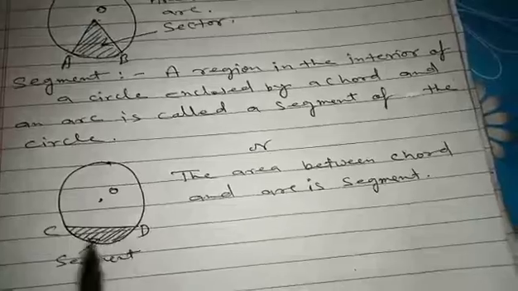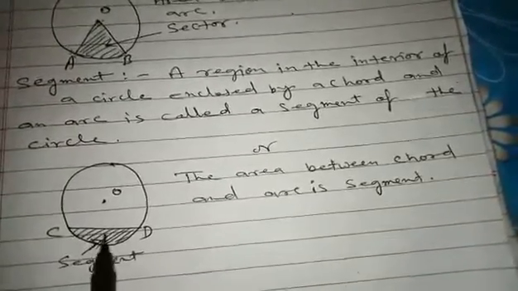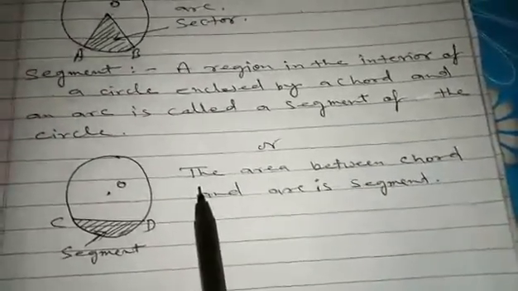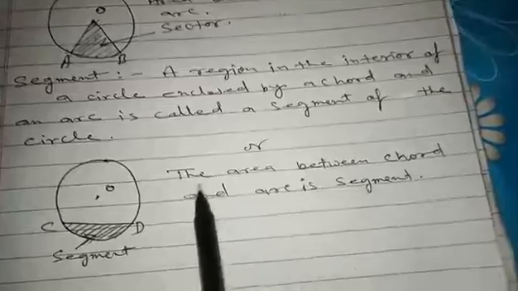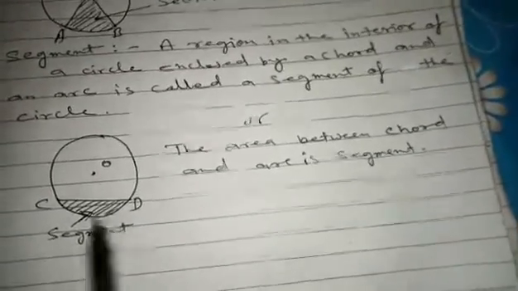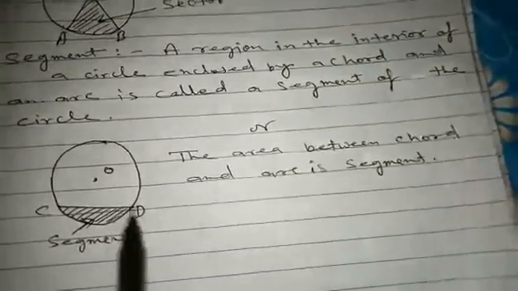So the region between chord and arc is said to be a segment. This shaded portion is the segment. In short, the area between chord and arc, or the region between arc and chord, is a segment. So this topic is clear.